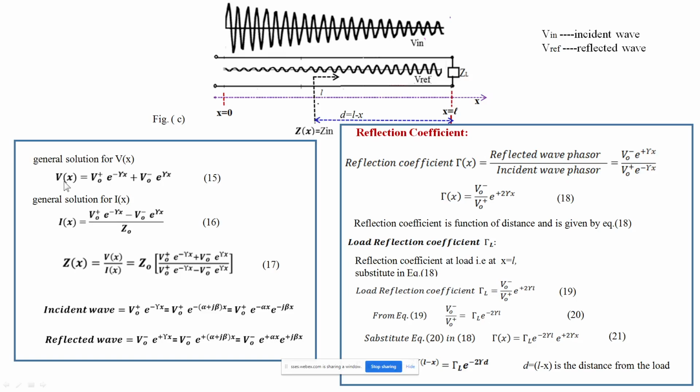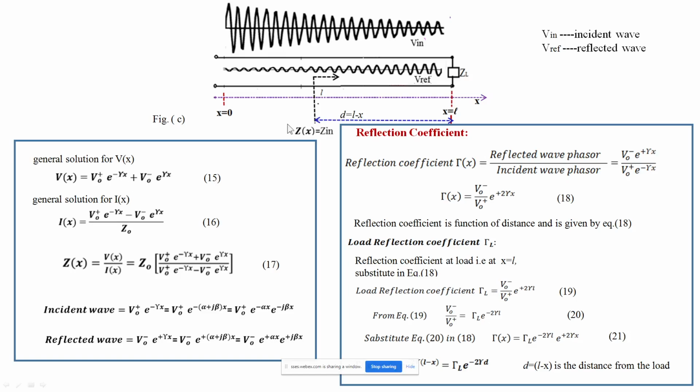So this is a total voltage at any point over a transmission line. We got an expression. It consists of two terms. So this first term is called as the incident wave, and the second term is reflected wave. I explained in the previous class.